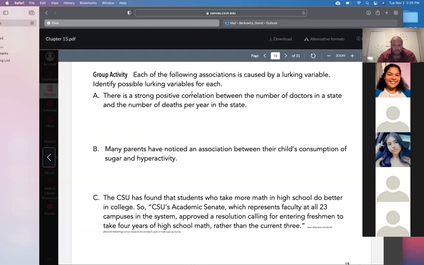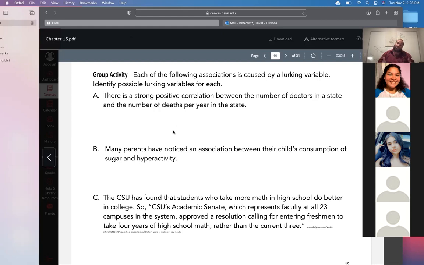Okay, this one's fun. Each of the following associations is caused by a lurking variable. Identify possible lurking variables for each. So 1A, there's a strong positive correlation between the number of doctors in a state and the number of deaths per year in the state.